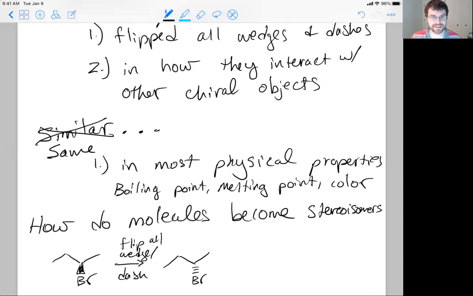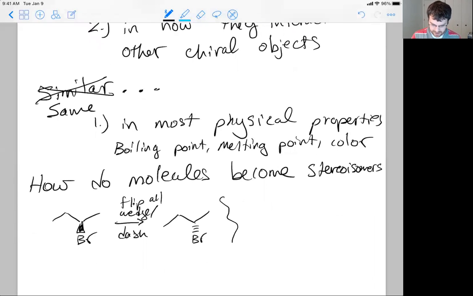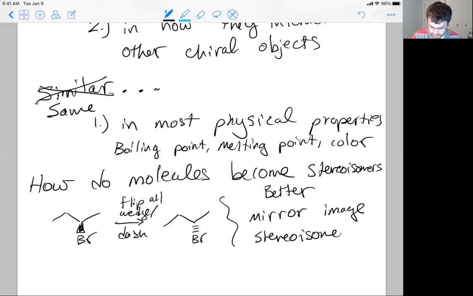That works a lot. There are some cases where it doesn't, but the better definition is these are mirror image stereoisomers. And that is enantiomers. Enantiomers are mirror images of each other. That gets the highlight, the star. We have to know that.